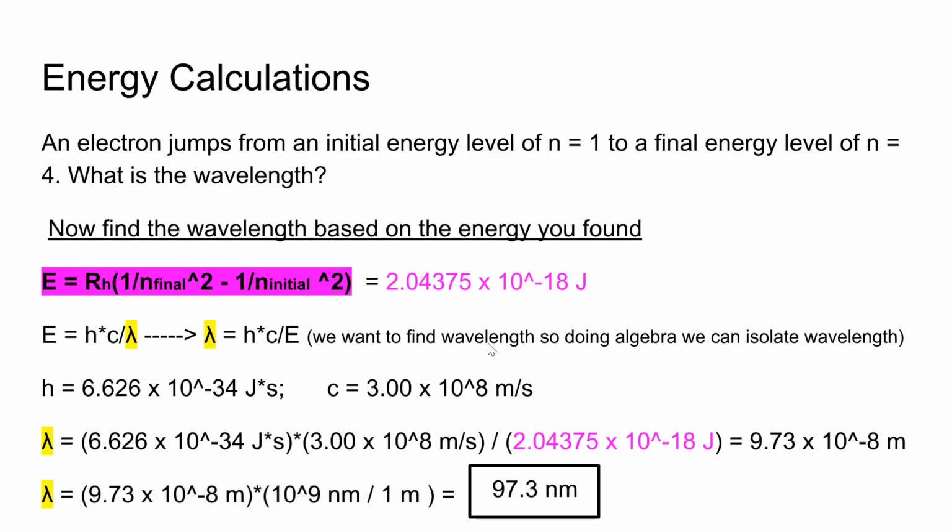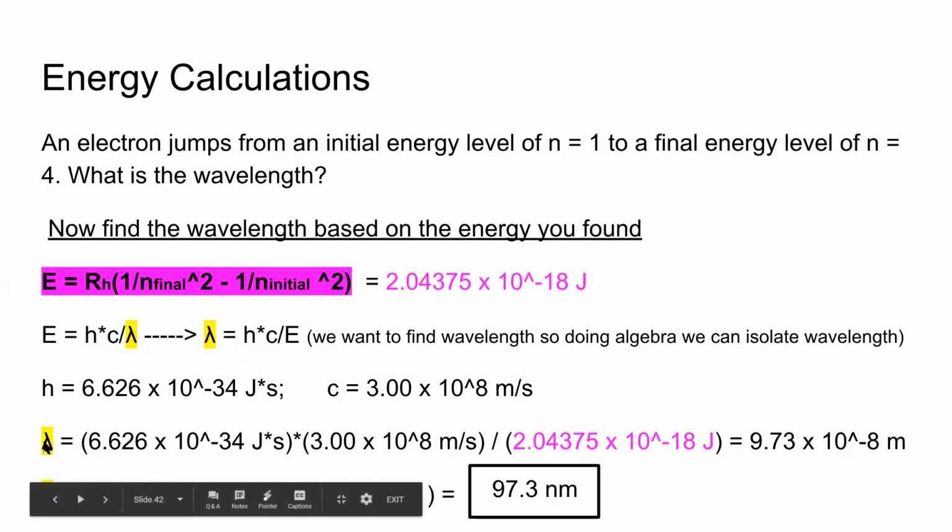I'm going to show you right here how to do it algebraically. We know that h and c are constants, and now we just plug in the values of hc and the energy that we found up here to get this value of 9.73.